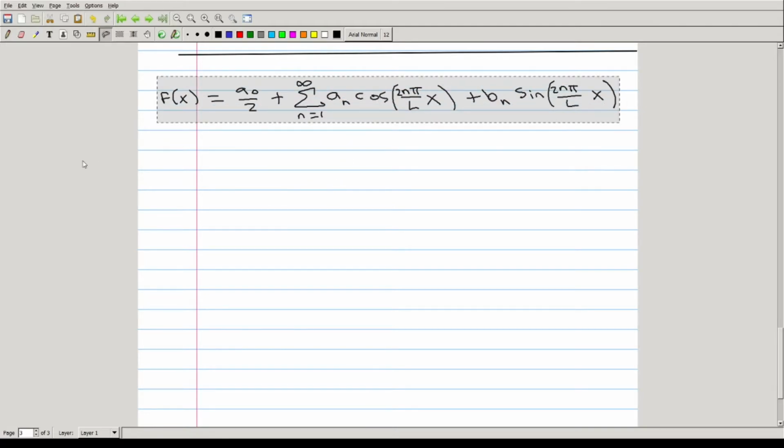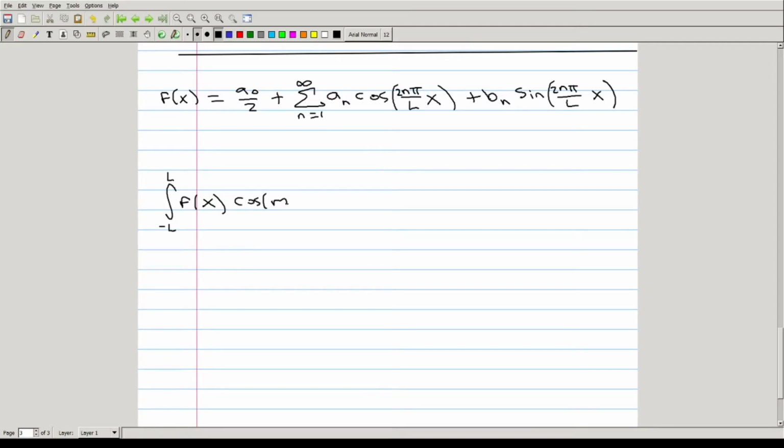So we consider the series, and specifically we consider what happens when we multiply the series by cosine of mx and then integrate. We integrate from negative L to positive L of f of x times cosine of mx dx.